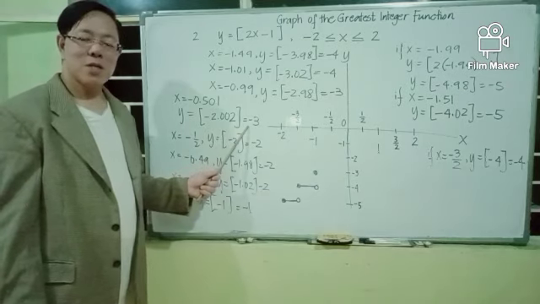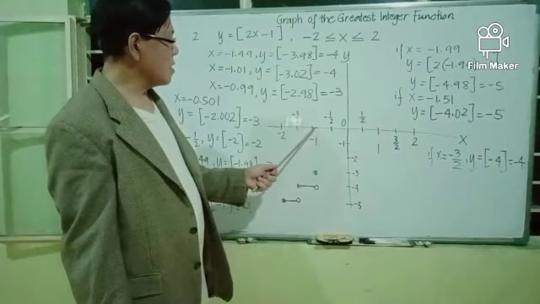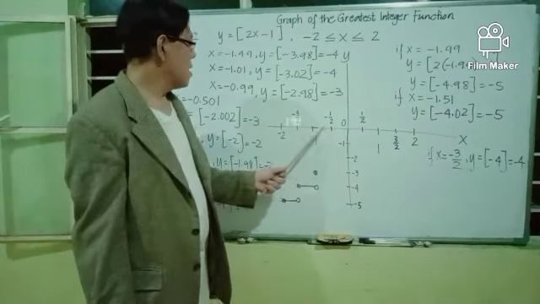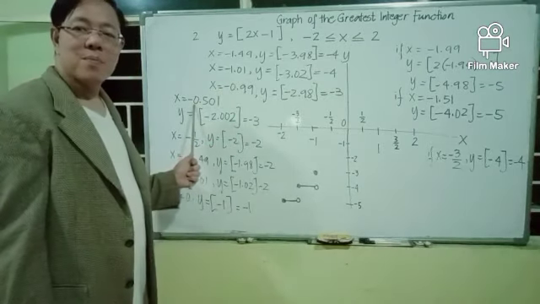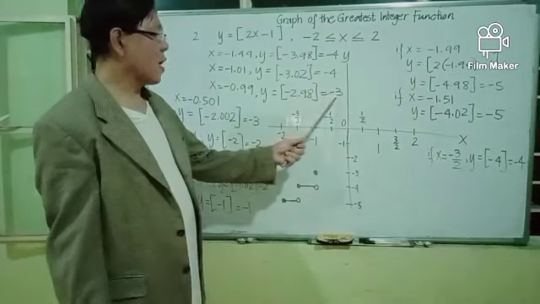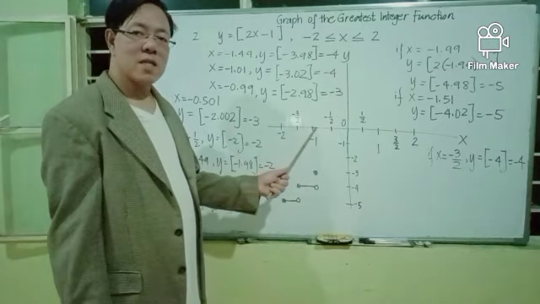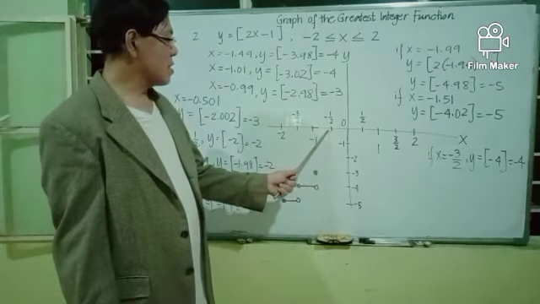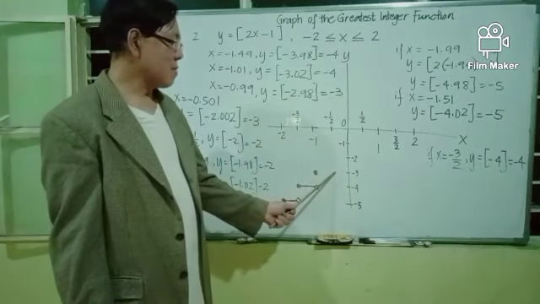And that integer is negative 3. So when the values of x are in this interval, such as negative 0.99 and negative 0.501, the value of y is negative 3. When x is negative 0.99, the value of y is negative 3. When x is negative 0.501, the value of y is negative 3.